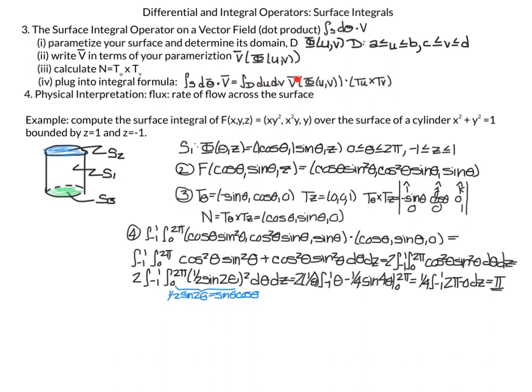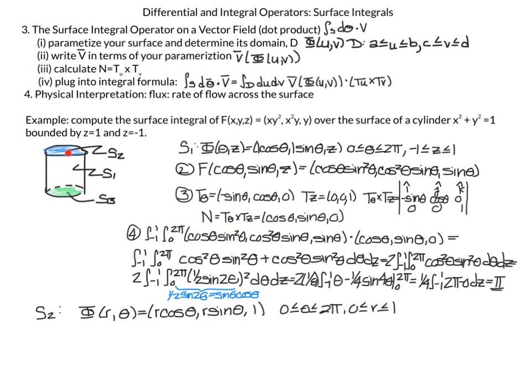But now I take my function composition, which I have over here, my cosine theta sine squared theta, my cosine squared theta sine theta, and my sine theta, dotted with my normal, which is over here, cosine theta, sine theta, 0. After a bunch of calculation, I see that my answer will be equal to pi. This means that the flux, there's a flow outward at this rate of pi.